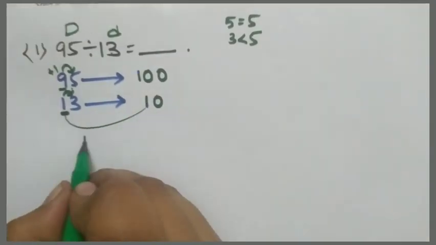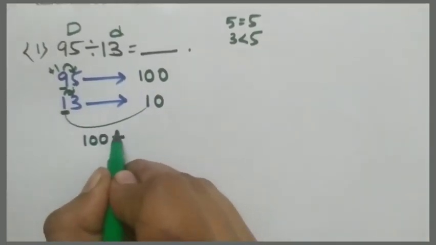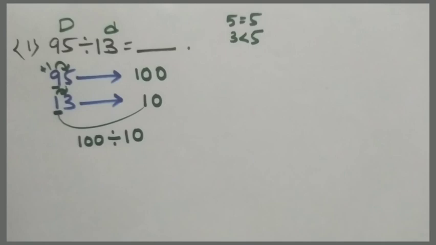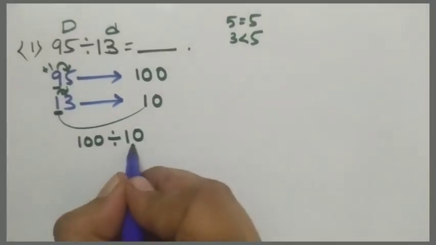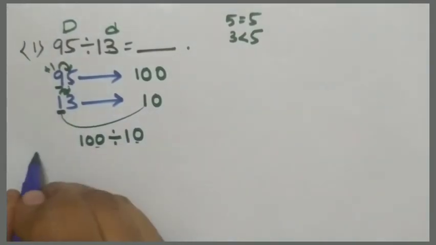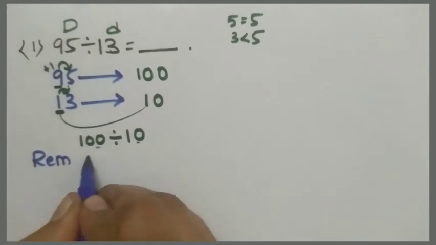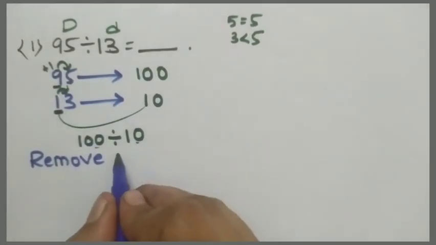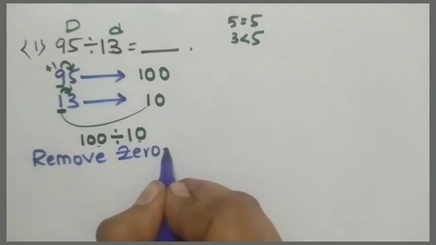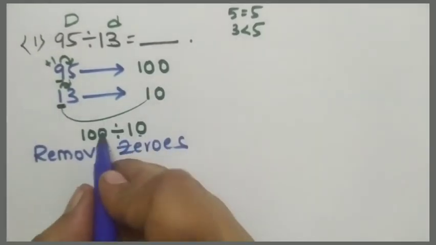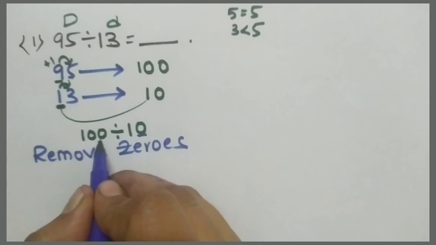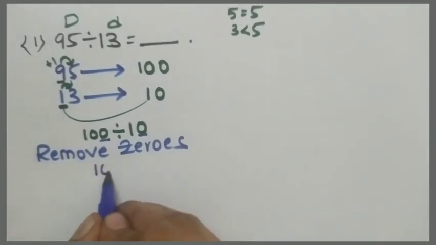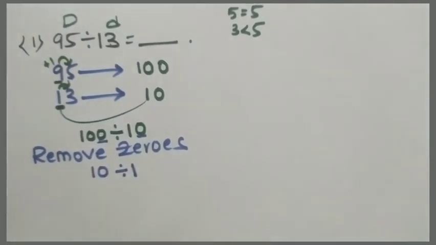Now we got new numbers, 100 divided by 10. Here in both numbers we have zeros, so we'll remove 0 from dividend and divisor. Then we get 10 divided by 1.